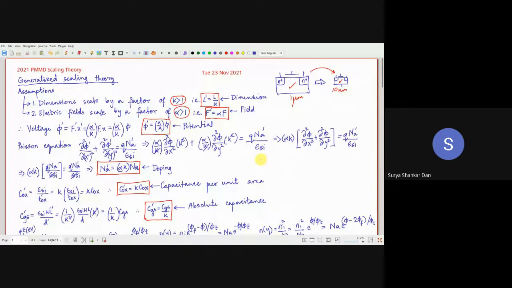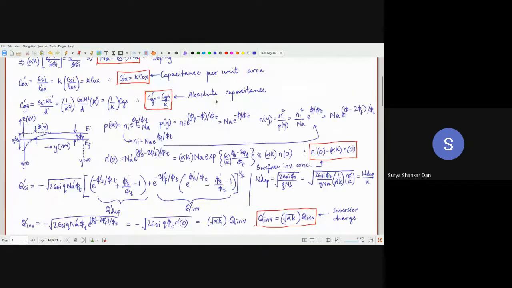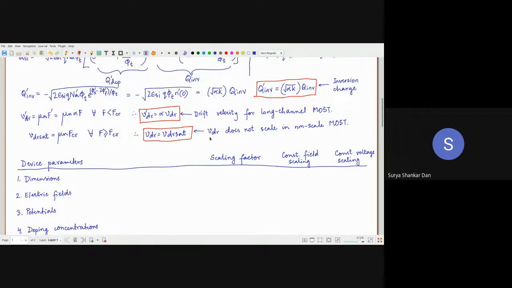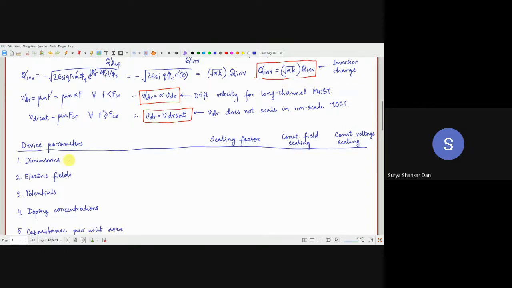Now here what we are going to do is just write down the various scaling factors. So the first one was the dimensions. For the dimensions, what we observe is that for any kind of length associated with the device, channel length basically, W is the width, TOX is the oxide thickness.